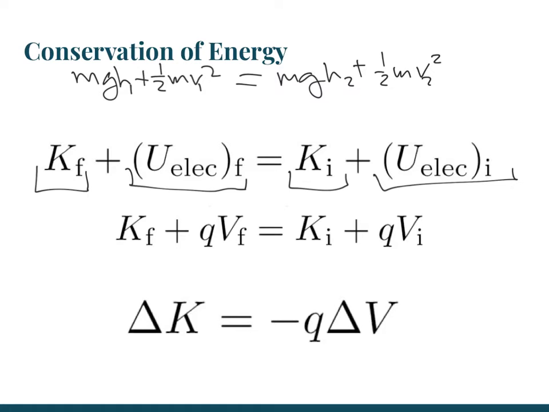So if you remember from earlier, the equation for electric potential energy is QV, and here we've got QV final and QV initial. So really, all of this equation is saying is that your kinetic plus your potential at one position has to equal kinetic plus potential at another position, because that's just conservation of energy. Whatever energy you start with, you have to end with.